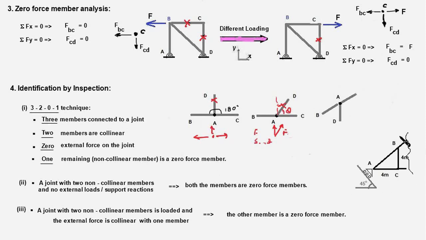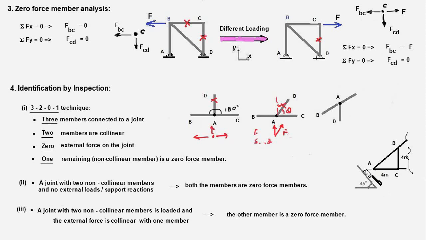Take a look at this portion of the truss. This diagram shows only the left hand side of the truss, the right hand side is not shown. And while applying rule number 3, you have to be careful about the direction of the external load. So in this particular example, joint A is supported by a roller support which is acting on a plane inclined to horizontal at 45 degrees.